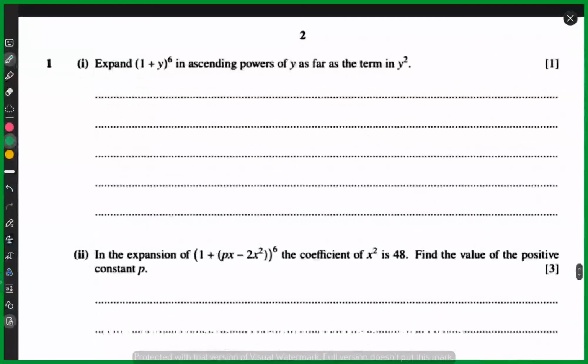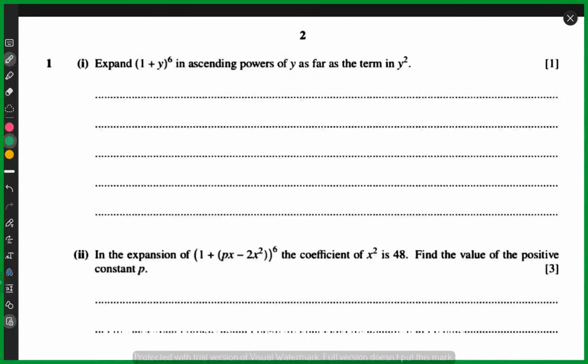Now it says expand 1 plus y to the power 6 in ascending powers of y as far as the term in y squared. Let's understand this first. Ascending powers of y means that the first term would be a constant term, then y, y squared, y cubed, and so on.